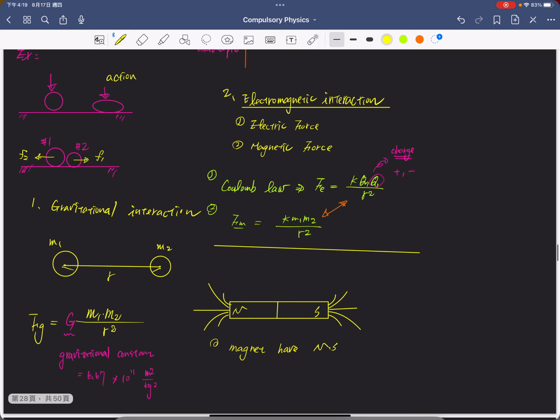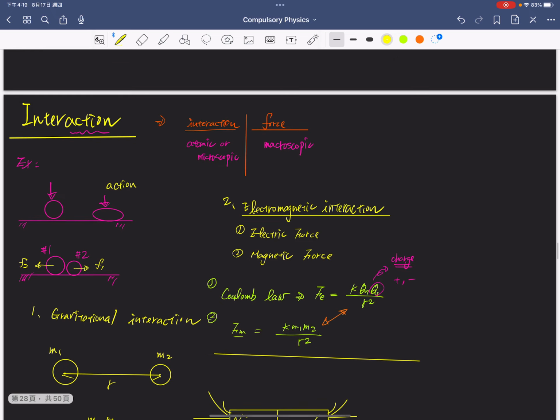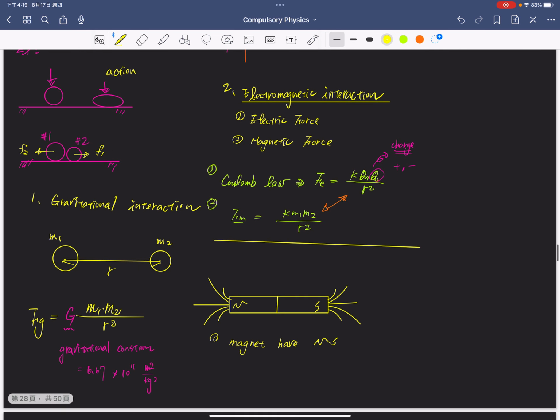Okay, so they are together. We cannot have monopoles; they do not exist. Also, the lines will not cross, so they will not intersect each other.